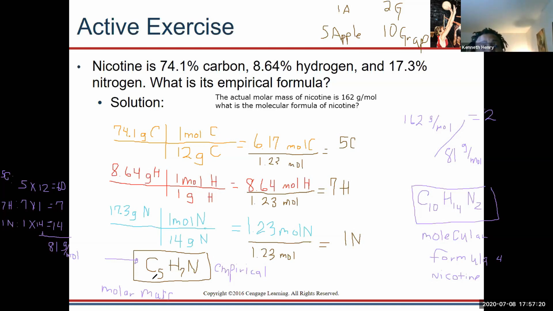Typically this is used in forensics quite a bit. Let's say somebody poisoned you, and we're trying to figure out the poison they used. They'll take a segment of your blood sample, do isolations, and figure out what that poison is. After they isolate the poison, they'll do a mass spec, and the mass spec will give them percentages. So we're able to calculate that empirical formula.